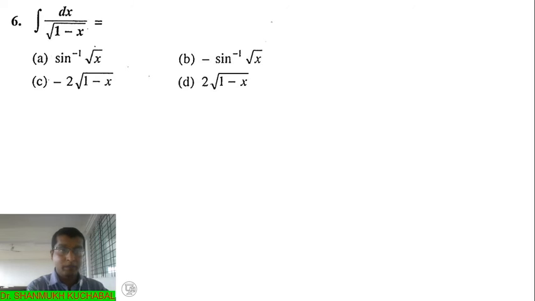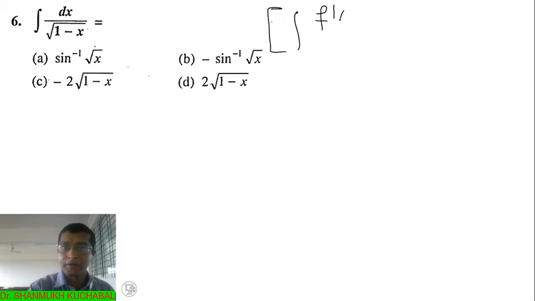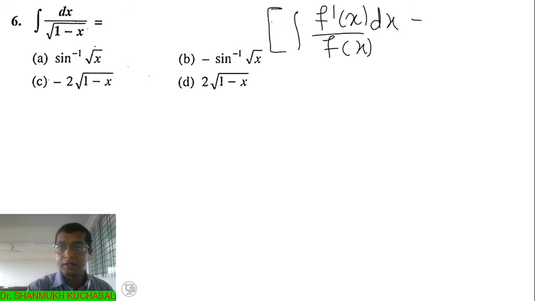Further, example number 6. It is integration dx divided by root of 1 minus x. So once again I am using that rule: if it is f dash of x divided by root of f of x into dx, then we can write 2 times root of f of x, right?